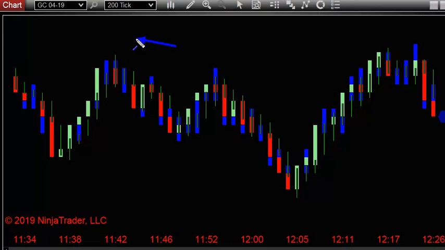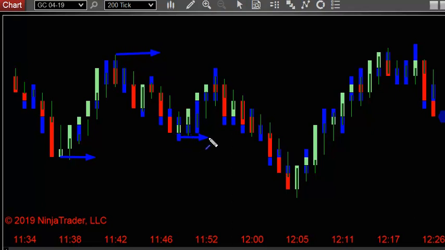Do you notice something here on this chart? There's the lowest part of that spike. There's the highest. Here's the lowest. Here's the highest.